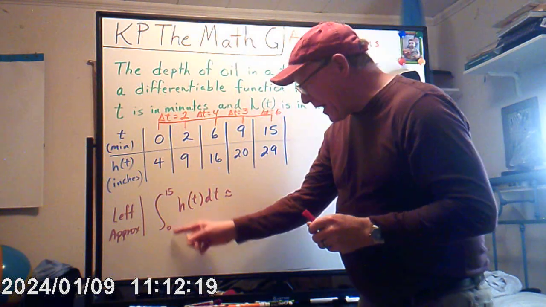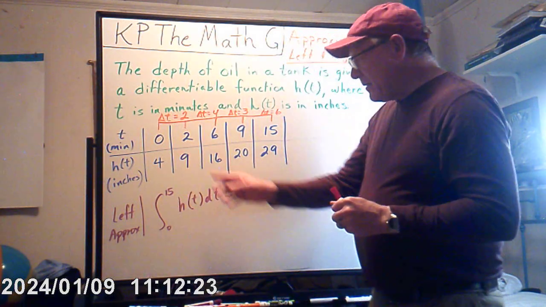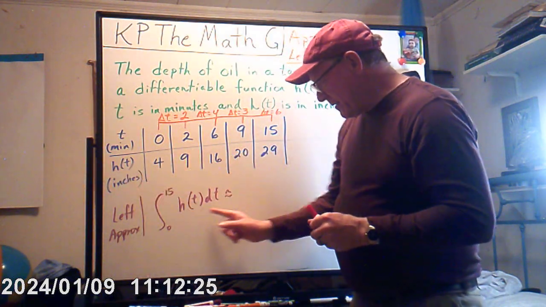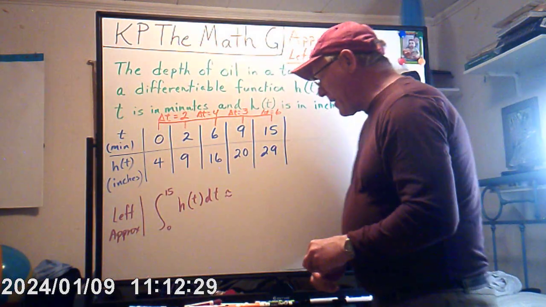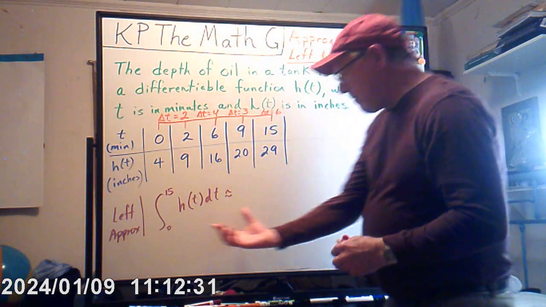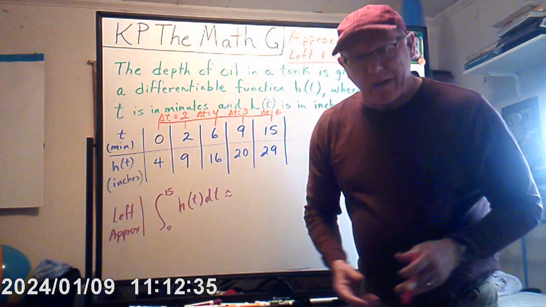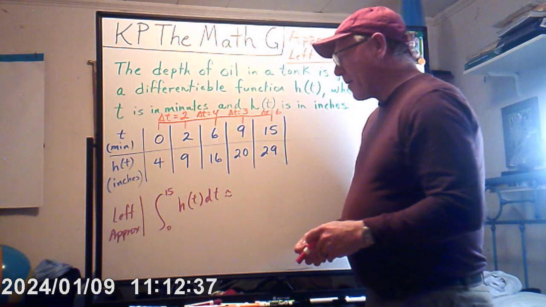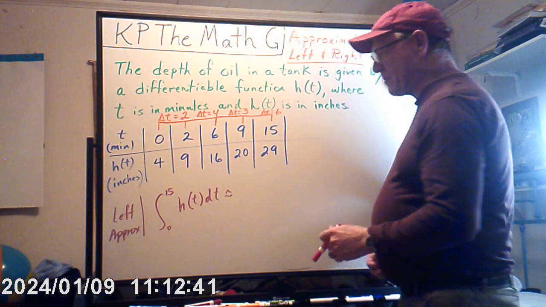That's in terms of time. You put your time here, and h of t dt, and it's approximately equal to. If you don't have this, they're not going to know that you understand what you're talking about. Okay, so let's do the left approximation.